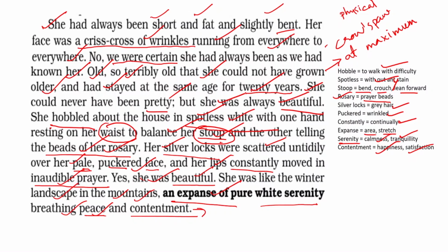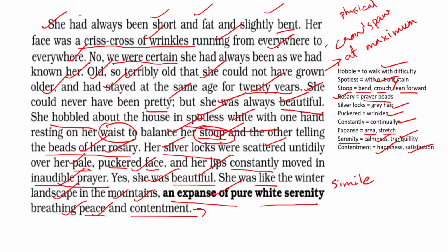The literary device of simile is used here. She was like the winter landscape. Here, Khushwant Singh compares his grandmother with the landscape of a mountain area. Further, he says that the winter landscape is an expanse of pure white serenity, a stretch of tranquility, a stretch of calmness that is always breathing peace and contentment.